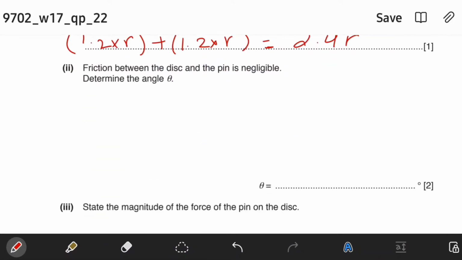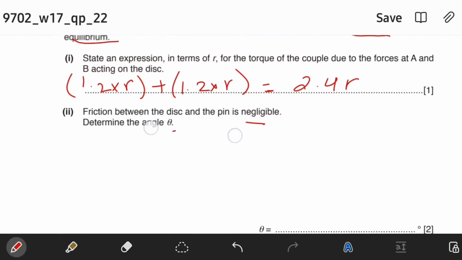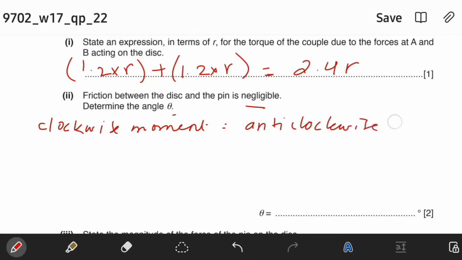Friction between the disk and the pin is negligible. Determine angle theta. For this, you need to write this equation, that clockwise moment is equals to anti-clockwise moment, but about the same pivot, of course.